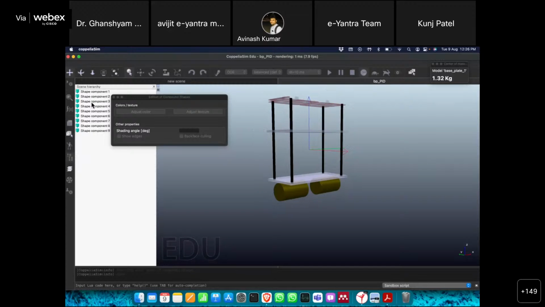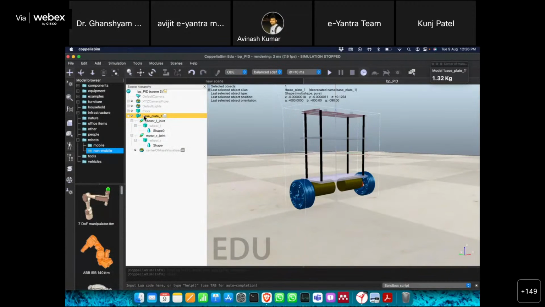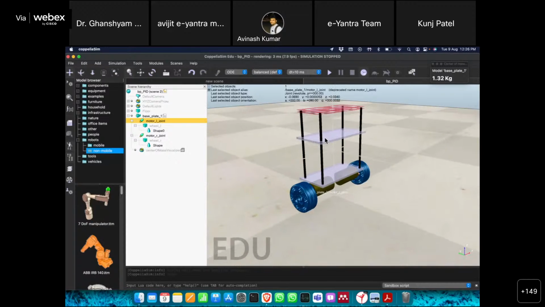What does child mean? There's a parent-child relationship between objects in CoppeliaSim. There will be one object which will be a parent, and further down the line, its children will come. The motor should act as a child of the physical structure, so that wherever the parent goes, the motor will stay stationary with reference to the parent itself.